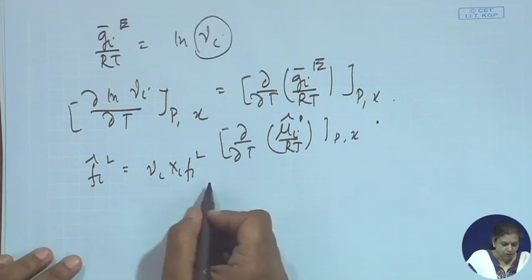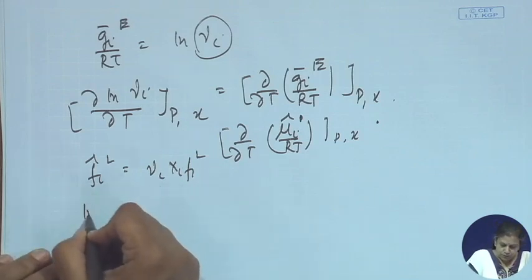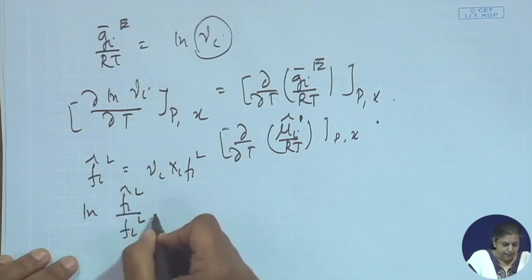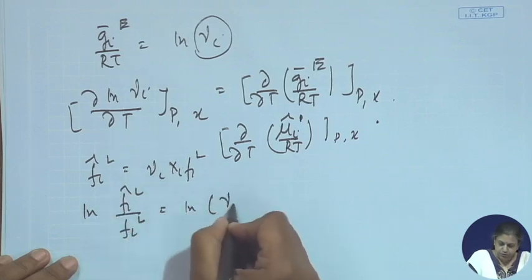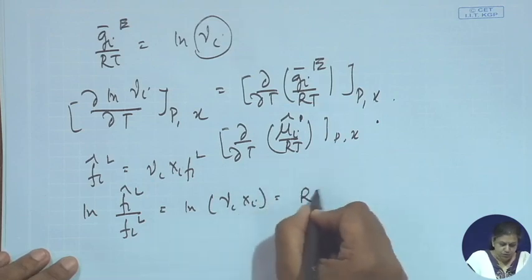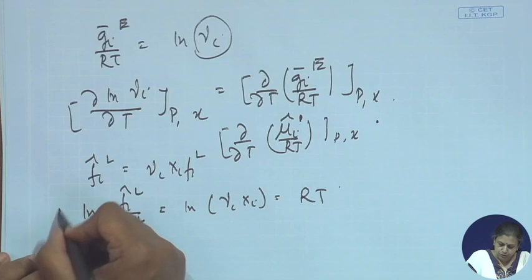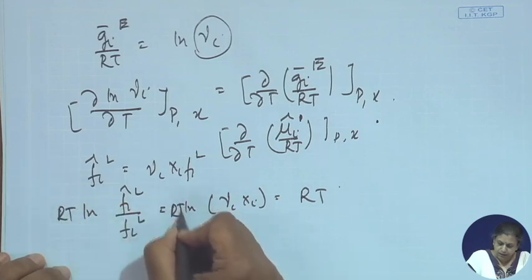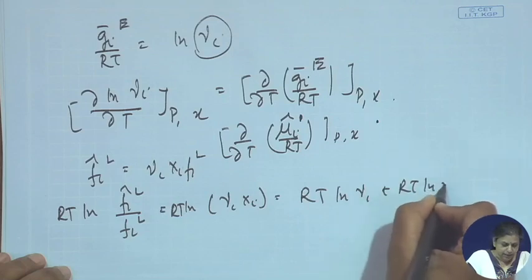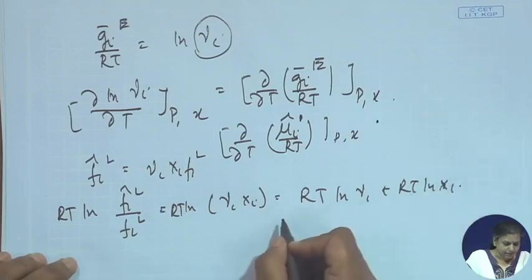This we have already found out. So, what is ln φi by φi, pure component? It is nothing but equal to ln γi xi, or this is equal to RT ln γi plus RT ln xi, agreed.